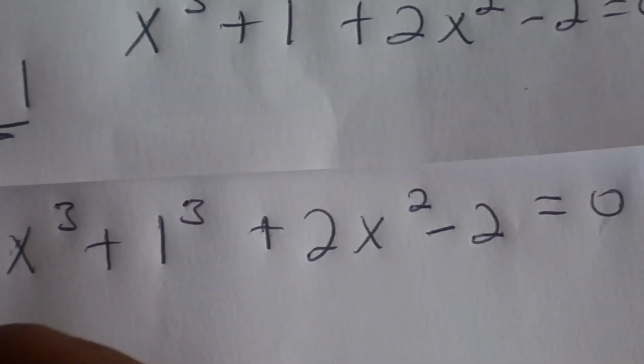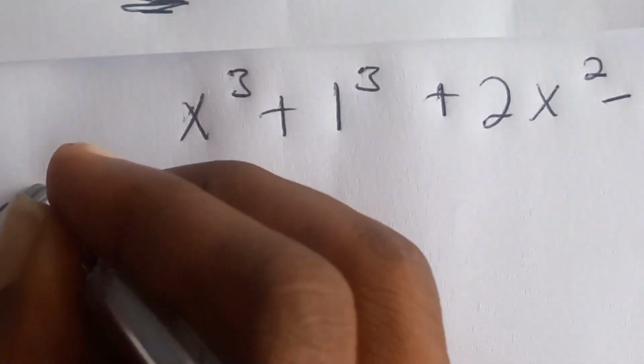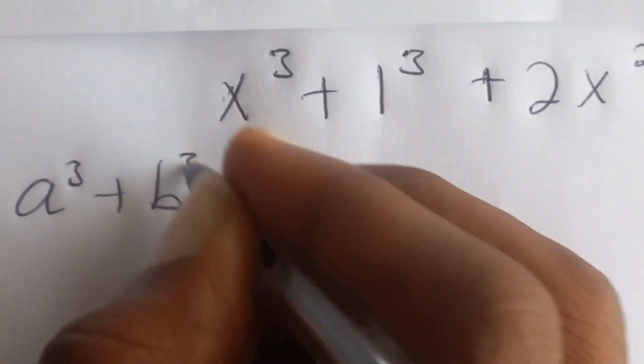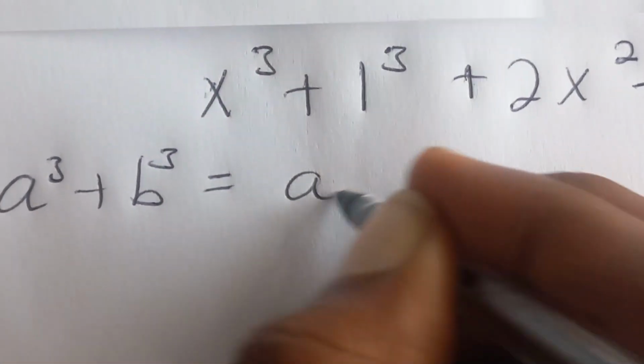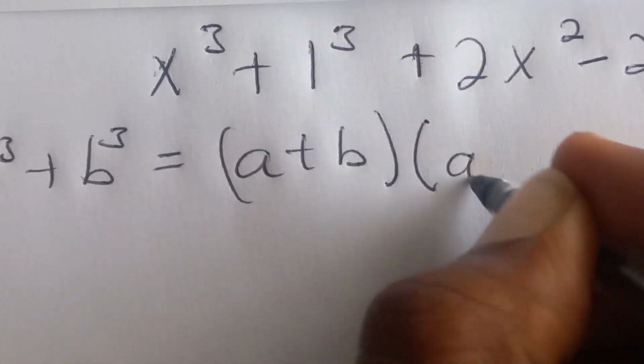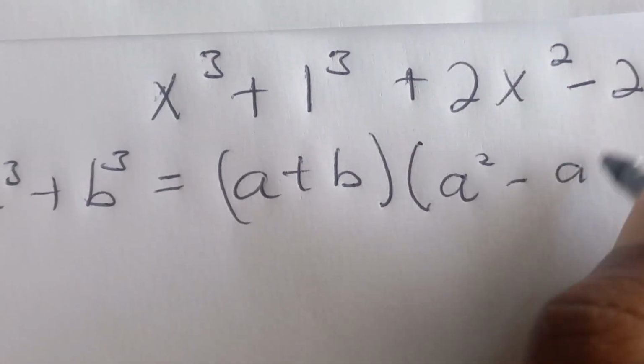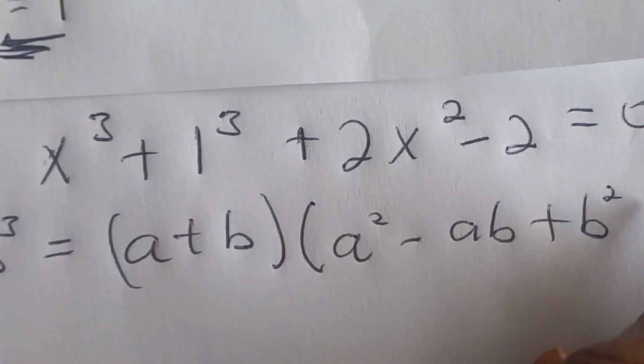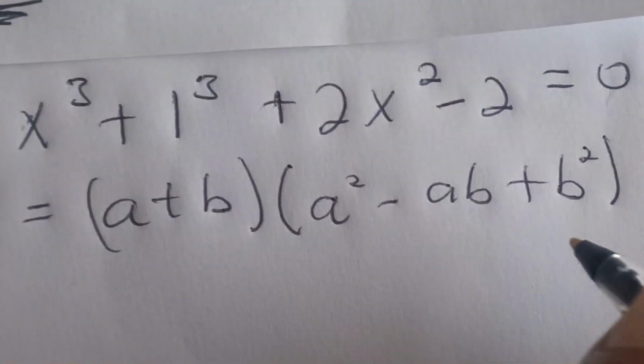And then in algebra, this identity a exponent 3 plus b exponent 3, you're going to get a plus b into bracket a squared minus ab plus b squared. So we are going to make use of this identity.